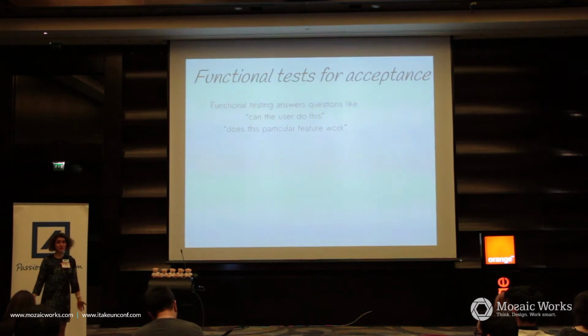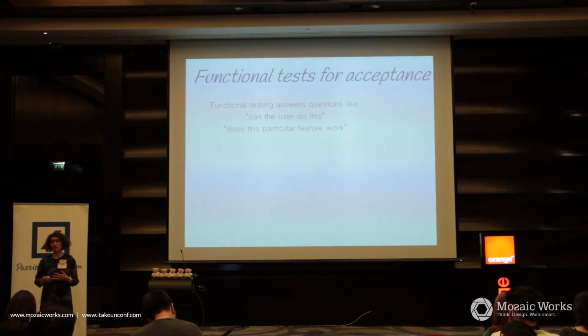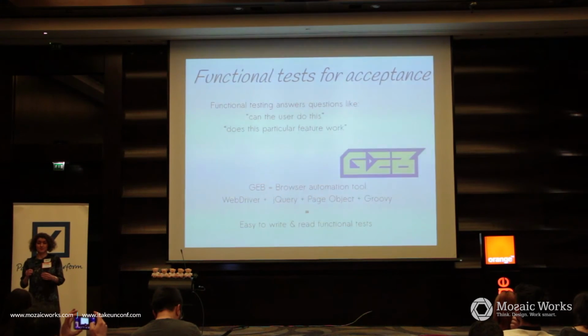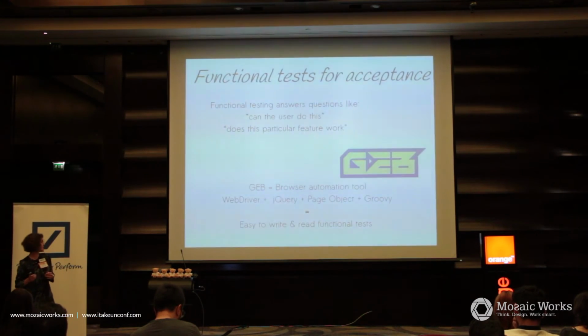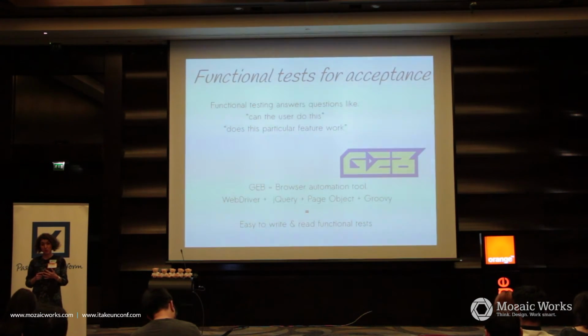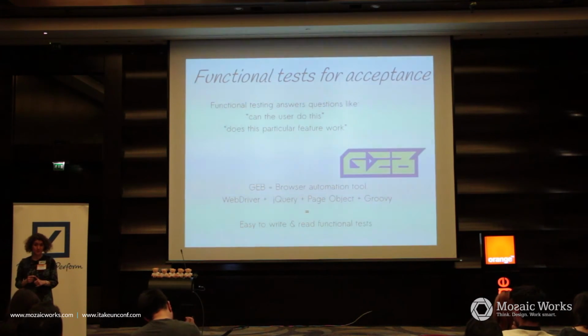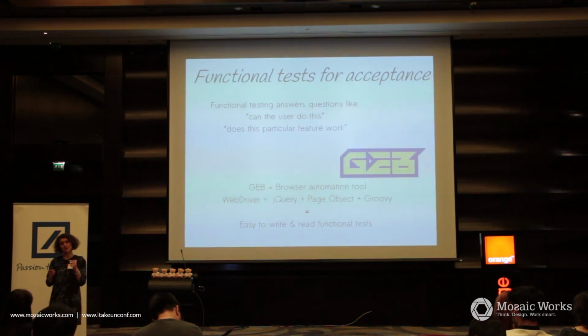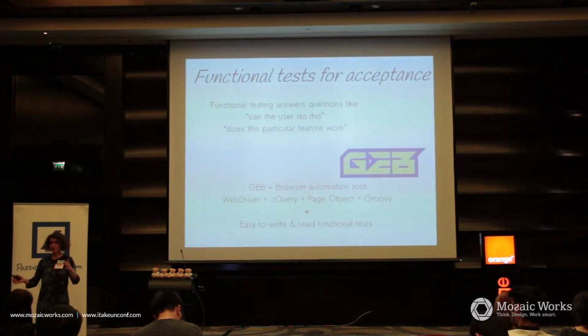So we thought, let's try functional tests. We looked at some technologies that are available on the market, and we chose Geb. We are just at the start of the way of using Geb. Geb comes with the power of WebDriver, JUnit, page object modeling, Groovy, and Spock. It is helping us write these functional tests, which can be large, more easily.